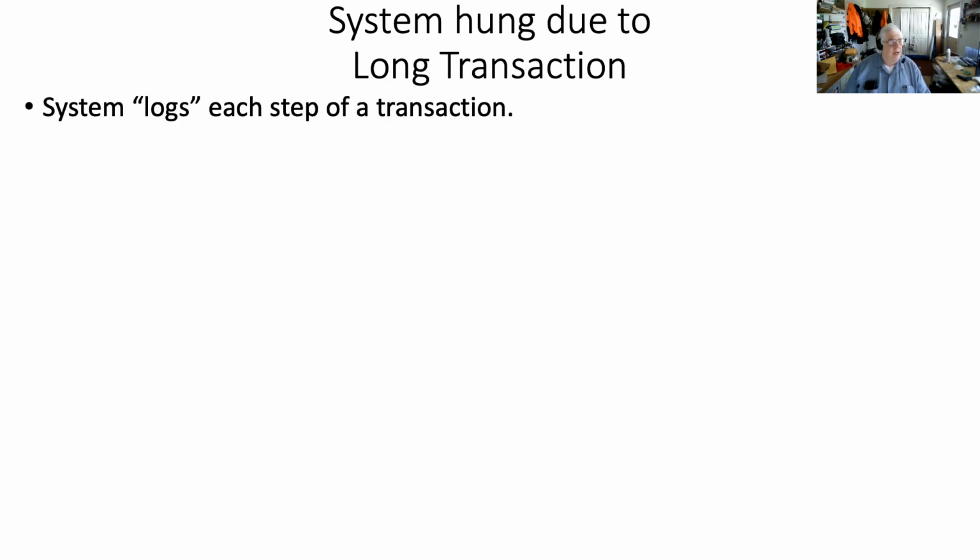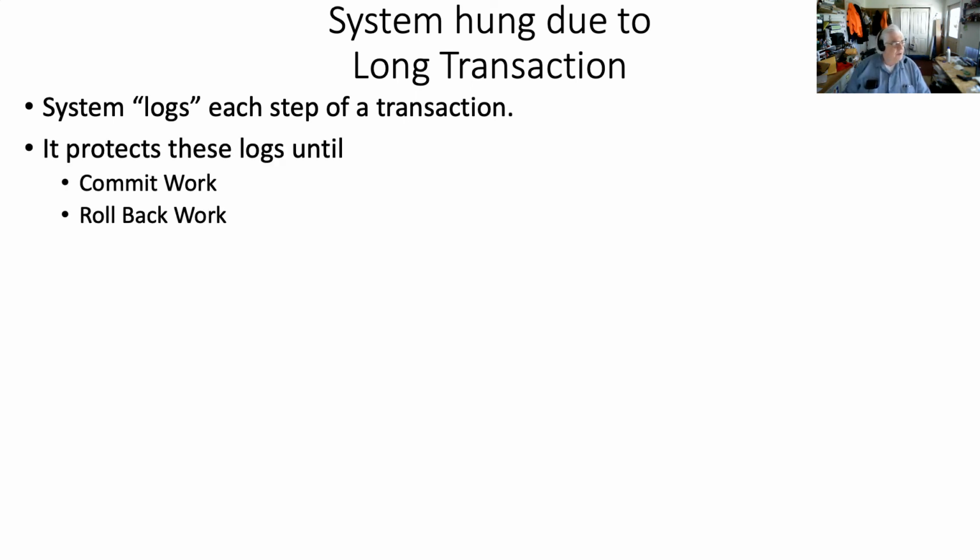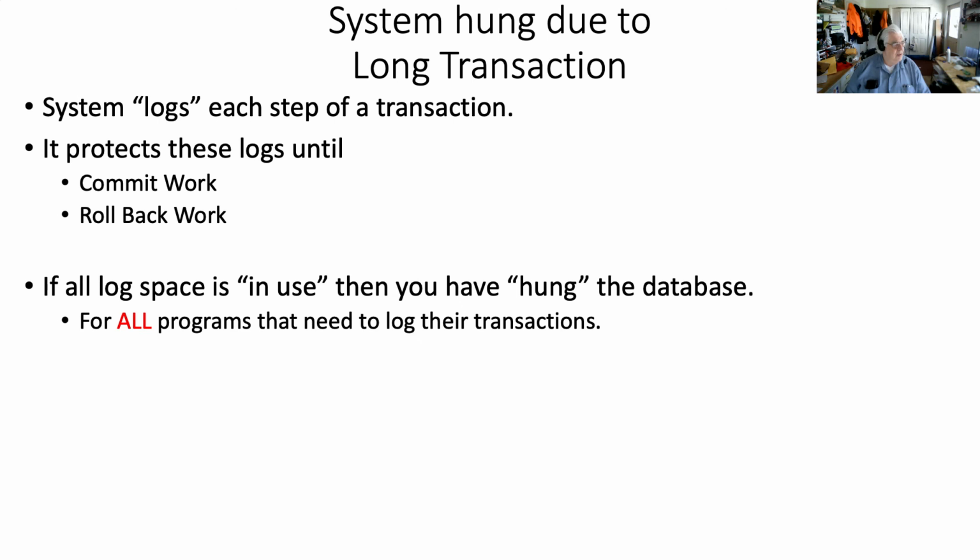Okay. Another thing you've got to worry about: the system is hung. Somebody says to you, the system's hung due to a long transaction. The system logs each step of a transaction we talked about. It has to protect these logs until it gets to a commit work or rollback work. If all the log space is, quote, in use, then you have hung the database.